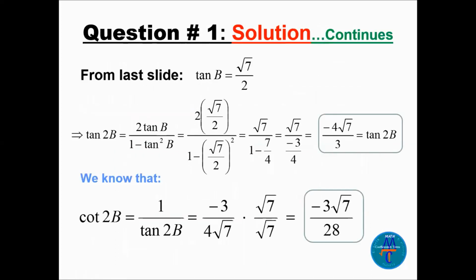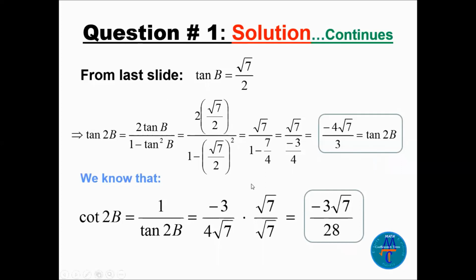We just continue here. Tan of b, we found already, is square root of 7 over 2. And then just put the formula there in the second line here. I put the formula tan 2b, 2 tan b divided by 1 minus tan squared of b. Just put the numbers, check the calculation, and then this is tan of 2b, minus 4 square root of 7 over 3.